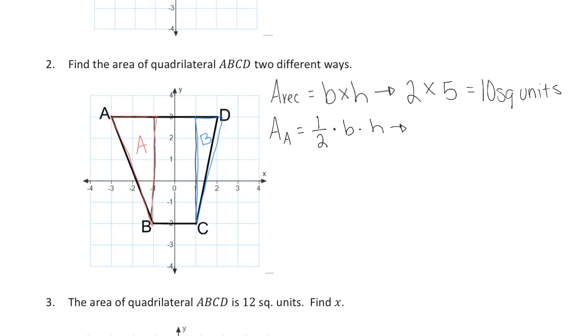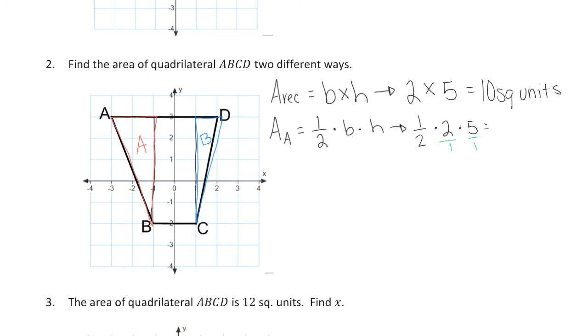So for A, I know I'm going to have 1/2 times the base, and our base here is 2. So we have 1, 2, times our height, which is 1, 2, 3, 4, 5.